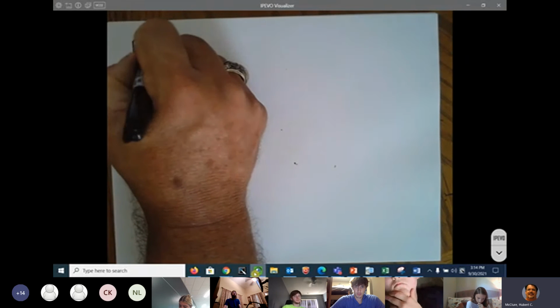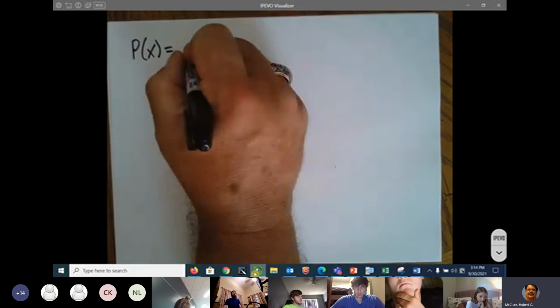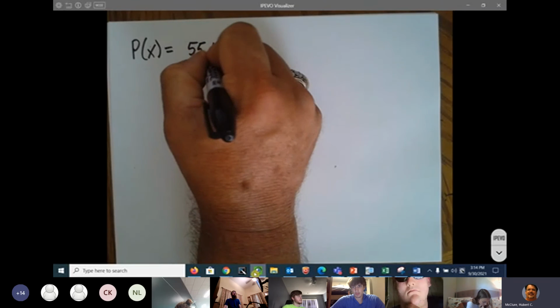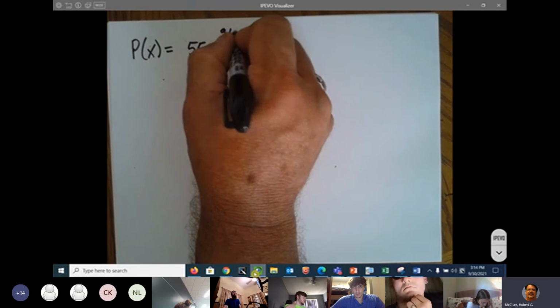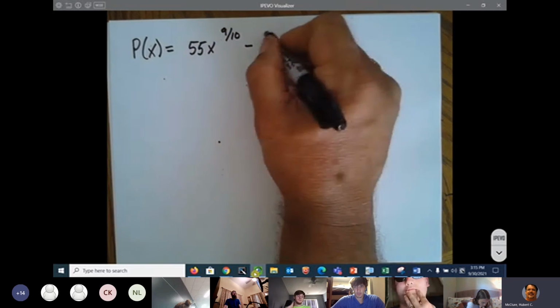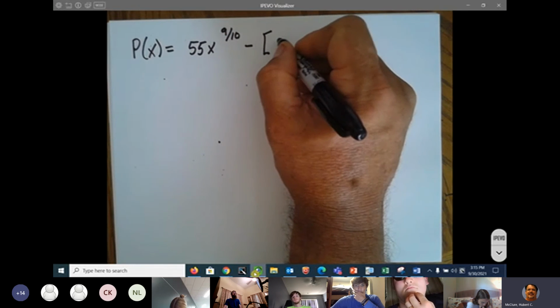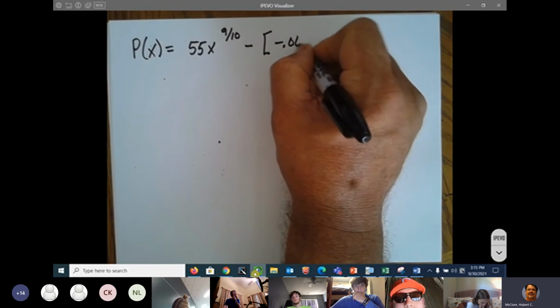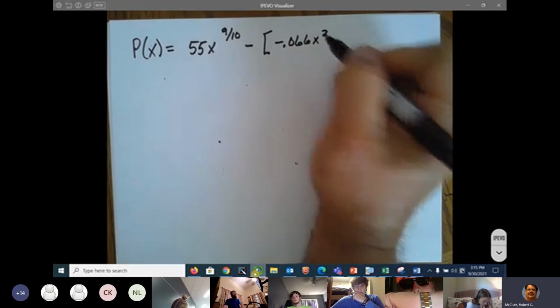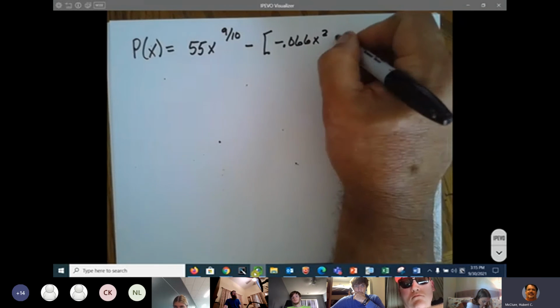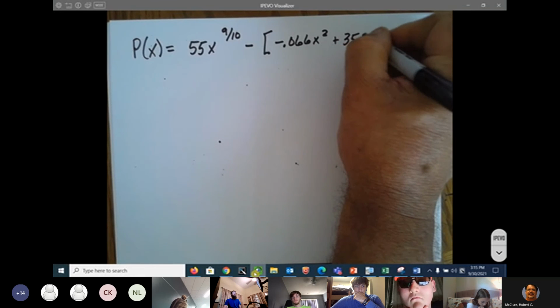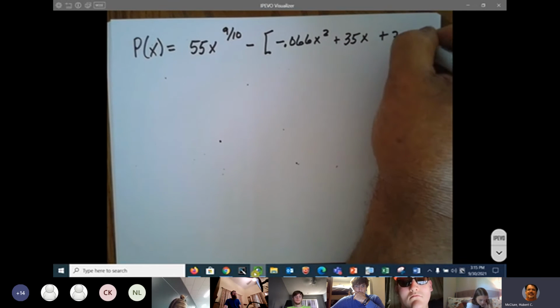P of X is equal to 55x to the 9/10 minus brackets negative 0.066x squared plus 35x plus 750.